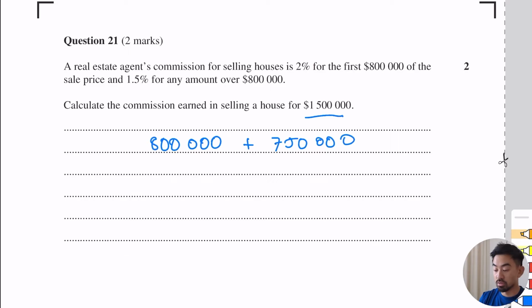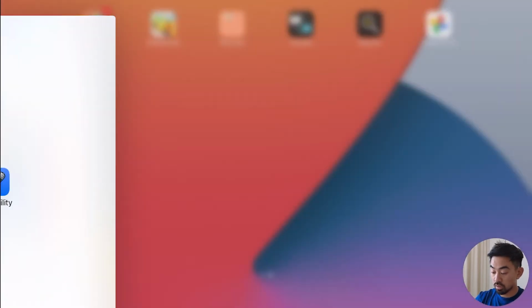So if my maths in my head is correct, it's 800,000 plus 750,000. This bit here is going to be getting 2%. And this bit here is only going to get 1.5%. And that's a straight up calculation.